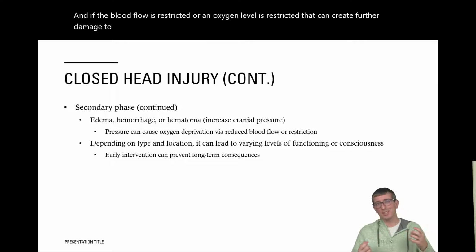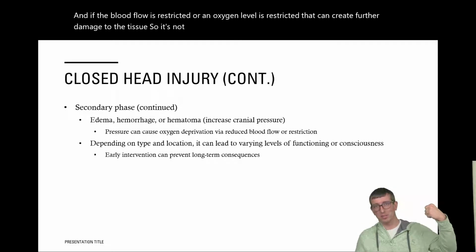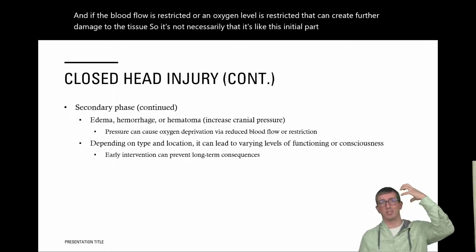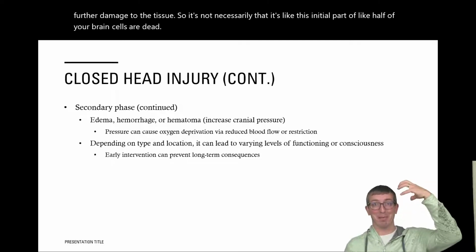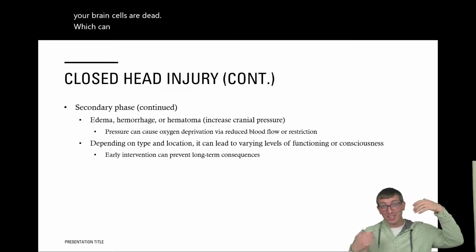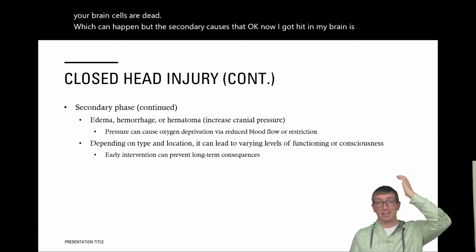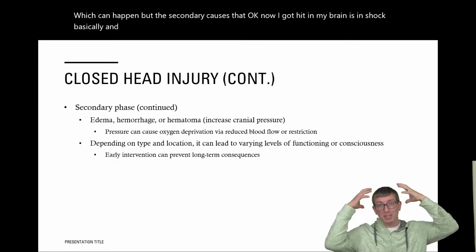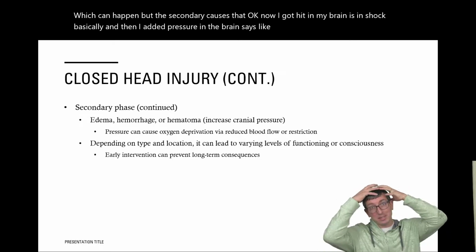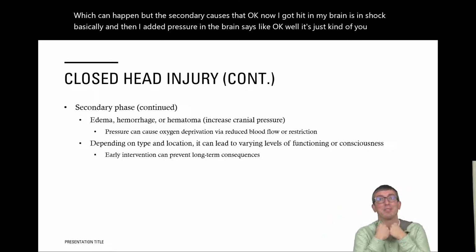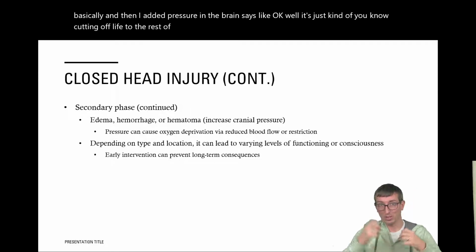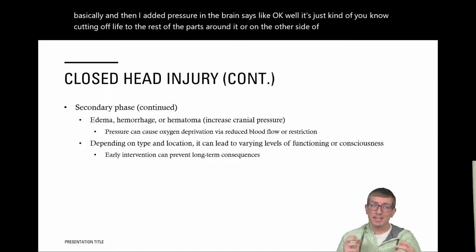So it's not necessarily the initial part where half of your brain cells are dead, which can happen. The secondary cause is that I got hit and my brain is in shock, and then added pressure in the brain is cutting off life to the rest of the parts around it or on the other side of it. And that's the concern.